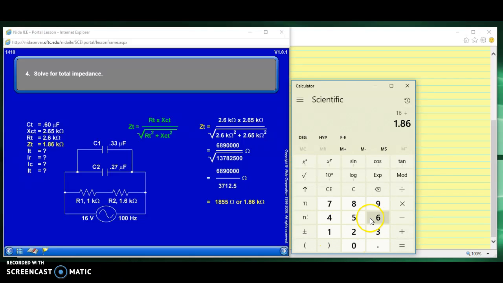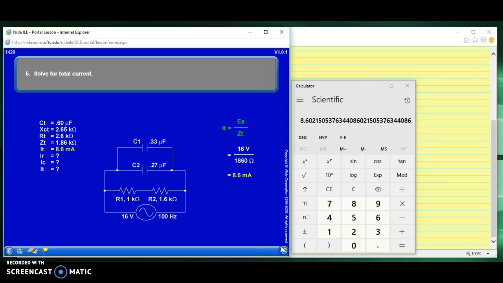Of course our answer will be in milliamps because we're dividing by K. I get 8.60 milliamps. Let's see what they got. Yep, 8.6, so we're spot on there.